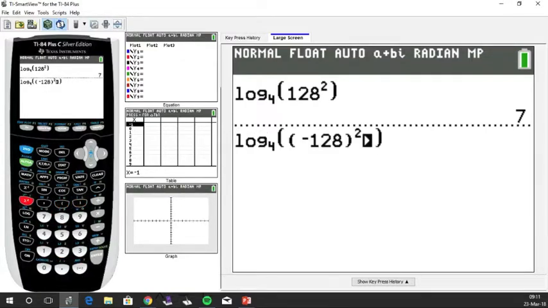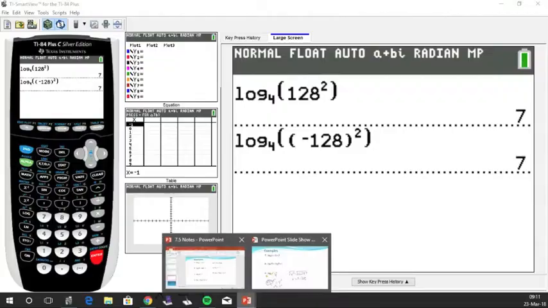Now you'll notice I put extra parentheses on that because whenever I square a negative number, to make sure I do it properly, that number has to be in parentheses. And I had two sets of parentheses because I got one for the negative 128 and then one to keep the squared inside. I can't put the squared outside the parentheses. It wouldn't work that way. But we get 7. So it does work, both negative 128 and positive 128.